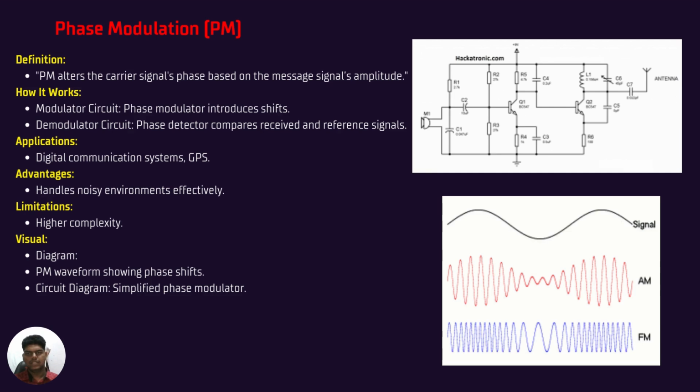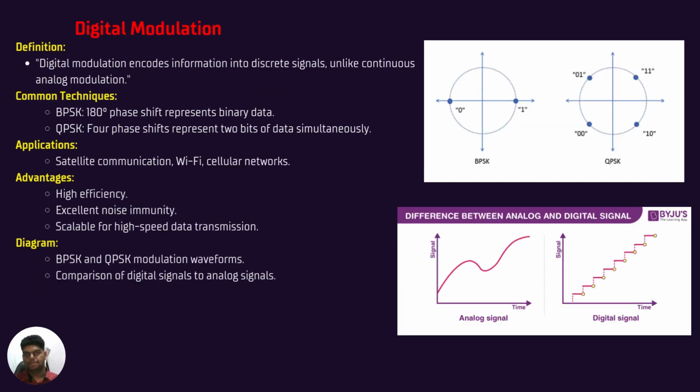In the modulator circuit, a phase modulator introduces a shift in the carrier phase. To demodulate the signal, the demodulator circuit uses a phase detector that compares the phase of the received signal to a reference. PM's primary advantage lies in the ability to handle noisy environments effectively.